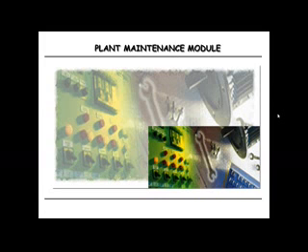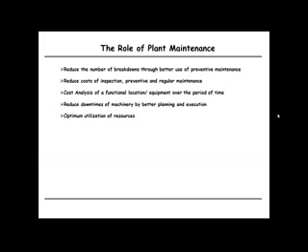Regarding the plant maintenance module, the role of implementation of plant maintenance is basically to reduce the number of breakdowns through better use of preventive maintenance and to reduce the cost of inspection, preventive and regular maintenance. So basically how we are going to plan and inspect the machines and how preventive maintenance is planned. These are the basic factors for the implementation of a plant maintenance module. And cost analysis of the functional location or equipment over a period of time. So we can measure the cost with respect to a location or a certain equipment over a period of time.